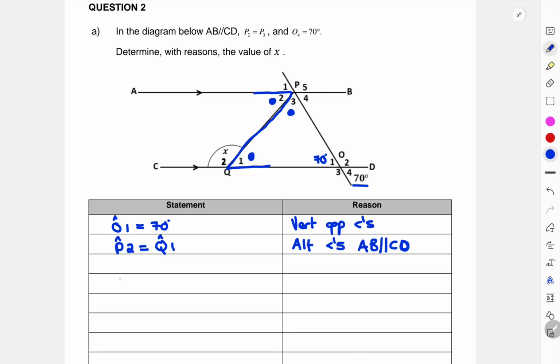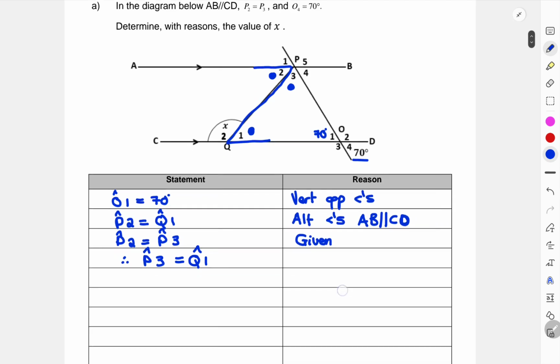Then I'm going to say, but P2 is equal to P3, that was given. Thus, P3 is then equal to Q1 as well. Okay, so now I can work out P2, I can work out Q1.